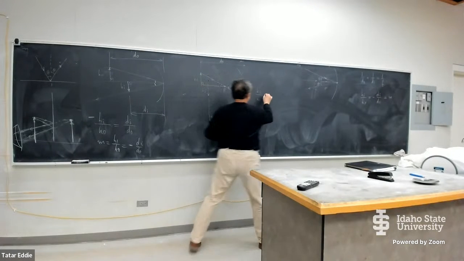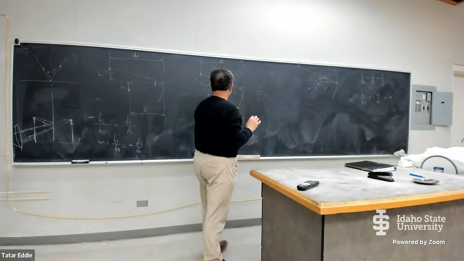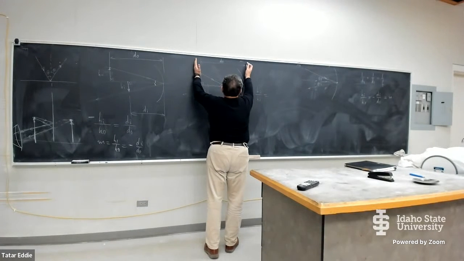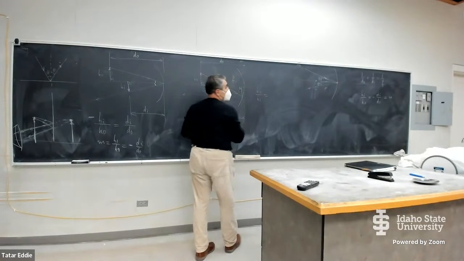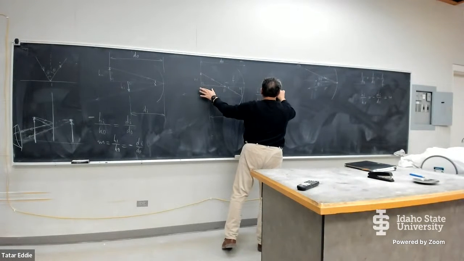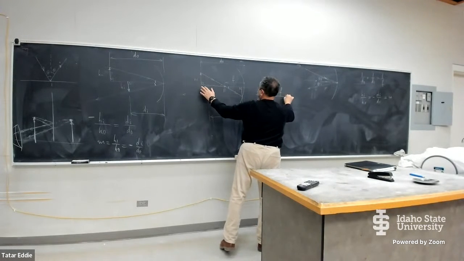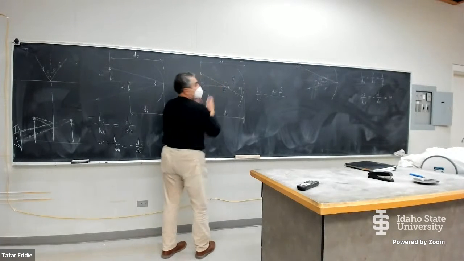This length is approximately, but pretty accurately, equal to DO minus the focal length of the mirror. So this is approximately equal to DO minus the focal length. DO minus this gives you this.